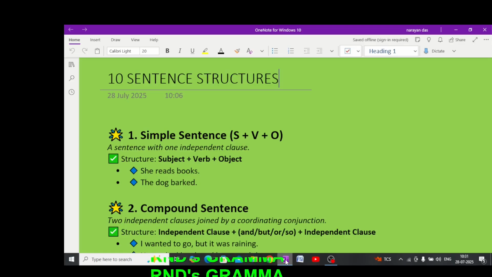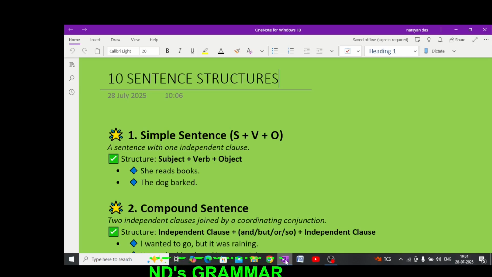Let us start. First structure is simple sentence structure, which is S plus V plus O, subject, verb, object structure. And the examples are: she reads books.